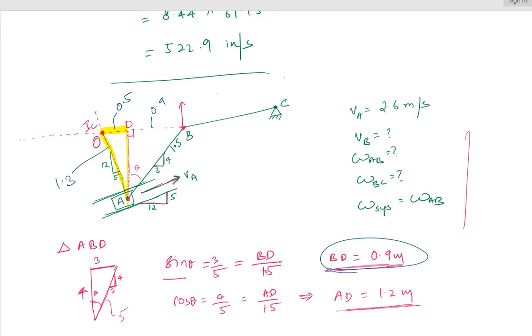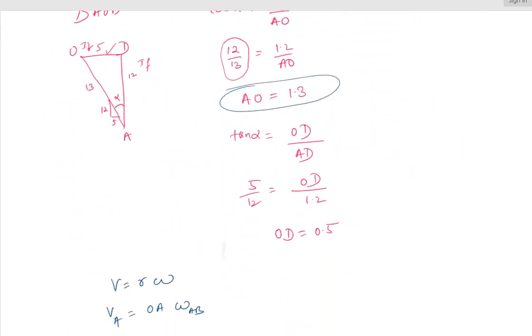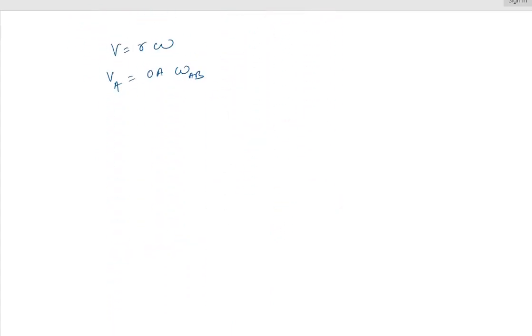Now omega AB is what we need to find. So we know VA is 2.6, it's given. OA we just found out is 1.3. So omega AB would be equal to 2 radians per second.